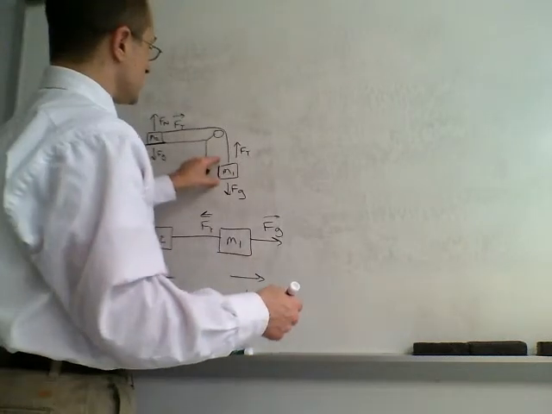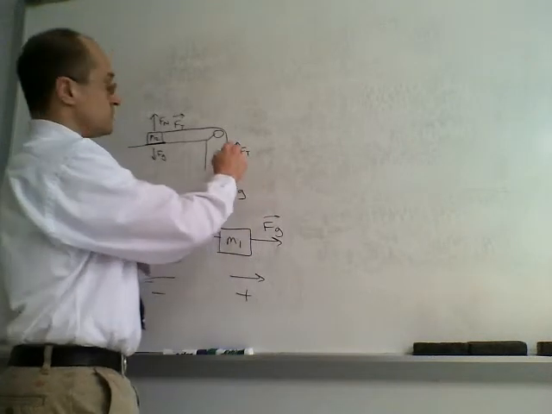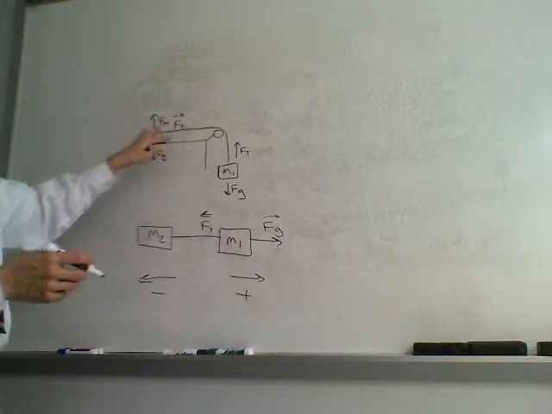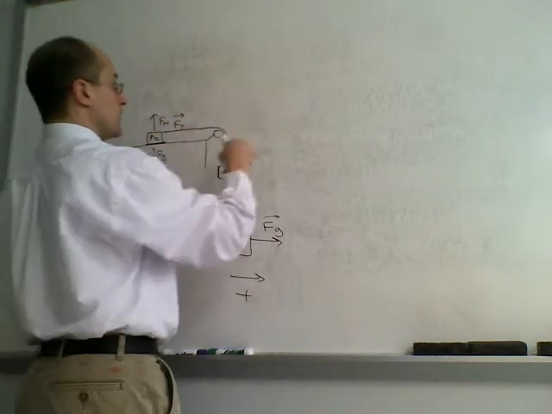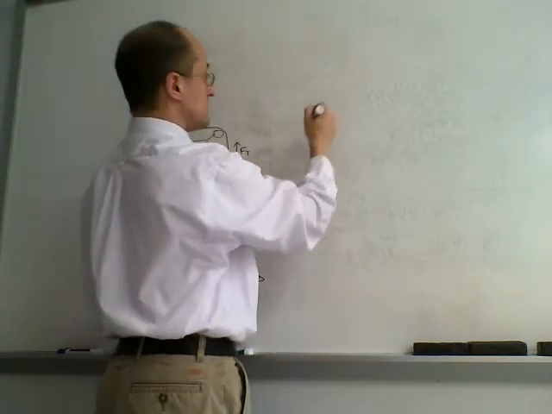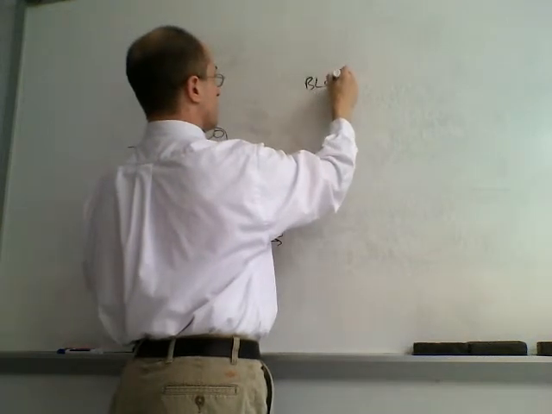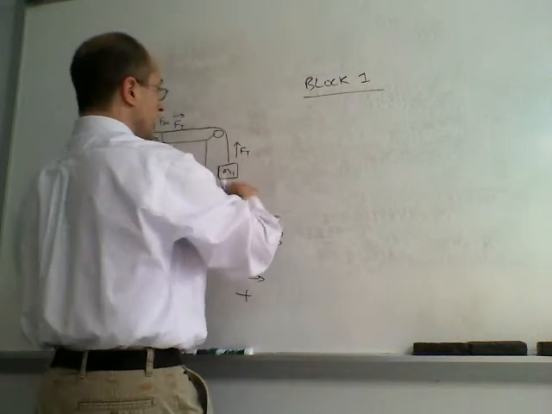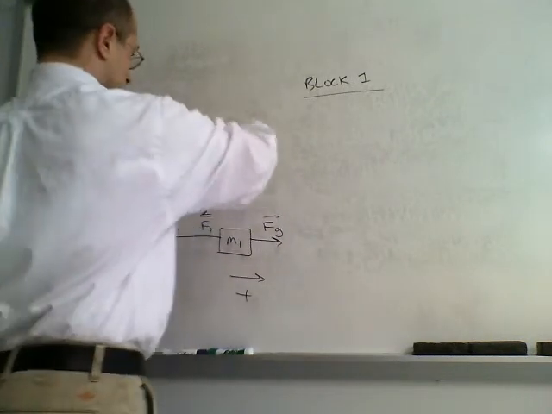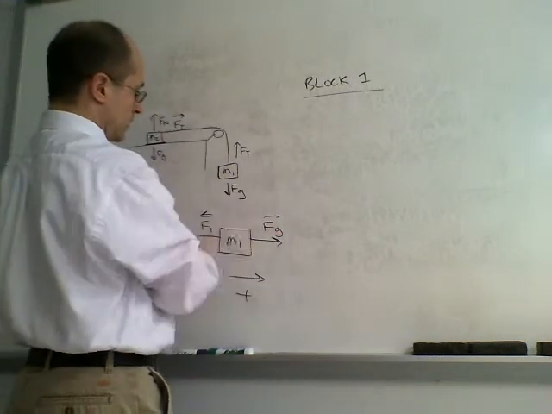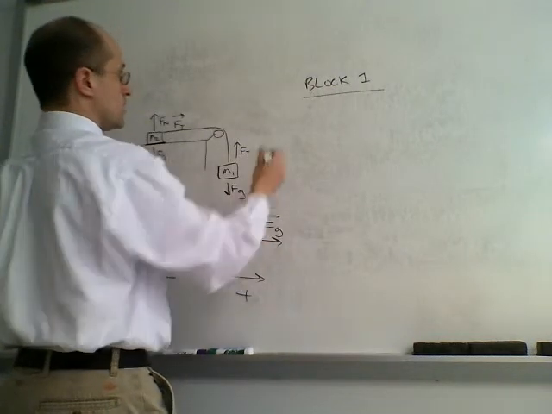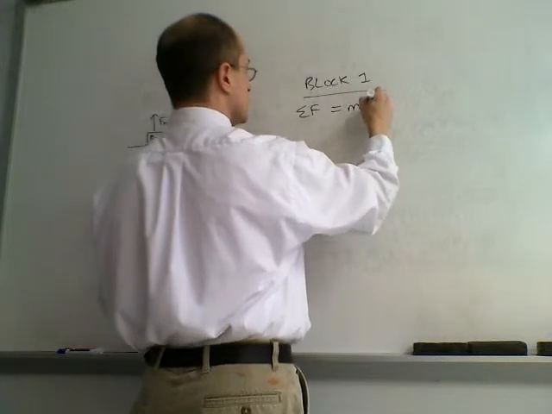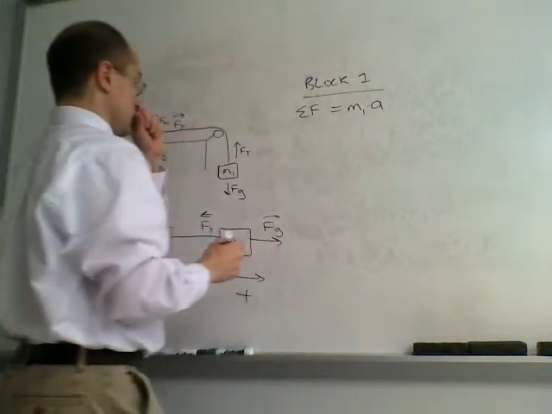So when we're looking at summing, this is a special case for a string over a pulley like this. When we sum the forces on, let's say, block 1, we have mass 1 times some acceleration.